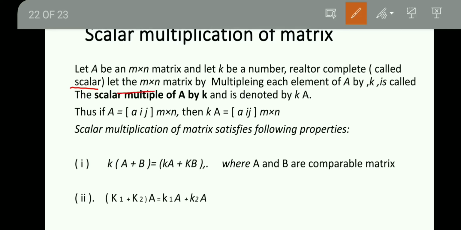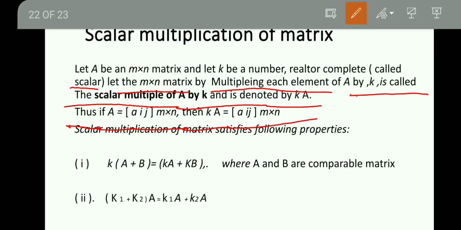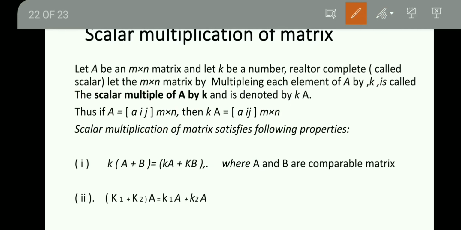The m by n matrix obtained by multiplying each element of A by k is called the scalar multiplication of A by k and is denoted by kA. Thus, if A is equal to [aij] m by n, then kA is equal to [k aij] m by n.